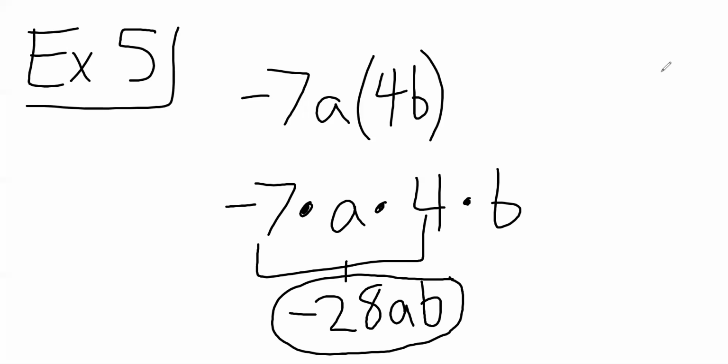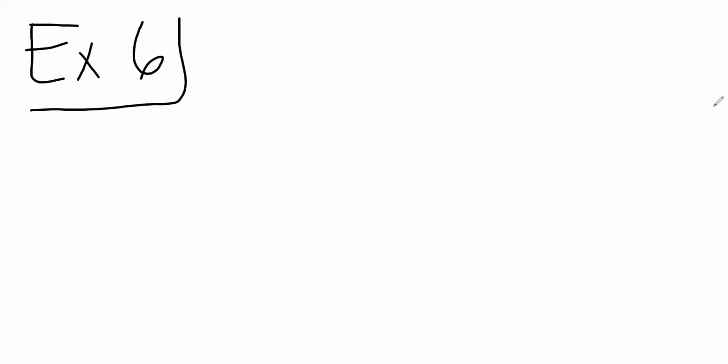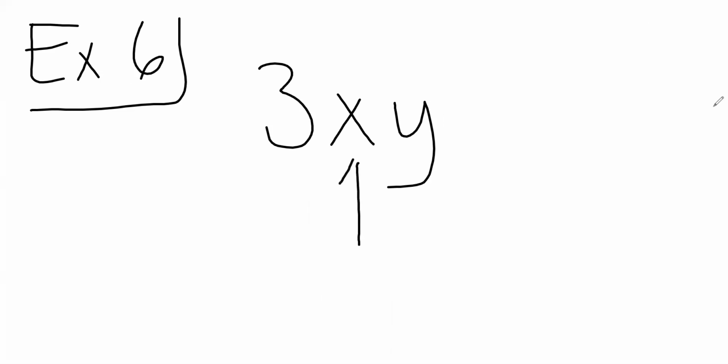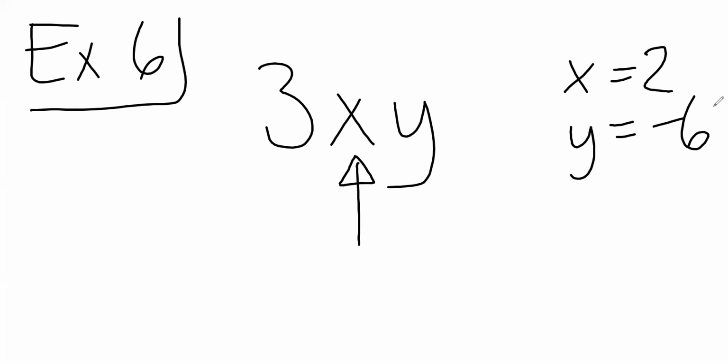Example 6, our last example, almost there. This is a long one. Evaluate the algebraic expression 3xy, where x equals 2 and y equals -6. So I'm plugging in the values that are given to me. x is going to be 2, y is -6.